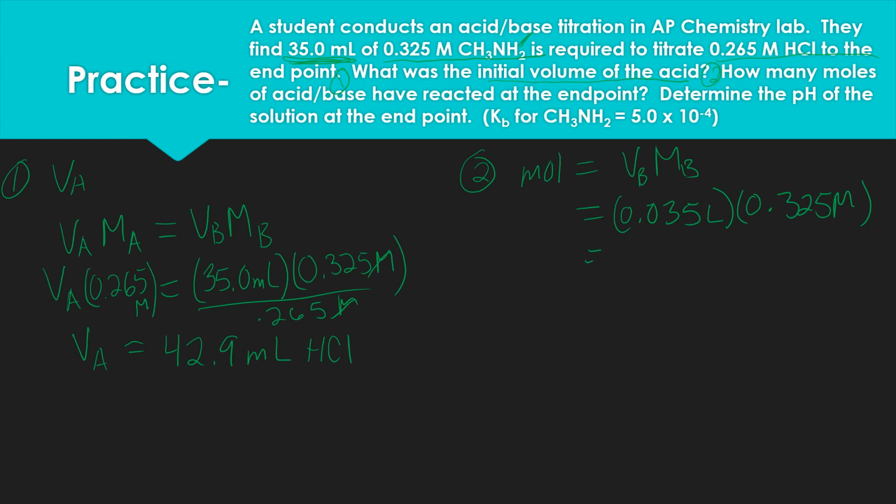So that would give us 0.035 times 0.325, and that would be equal to 0.0114 moles. And that could be moles of our acid or moles of our base, because remember, they're equal to each other at the equivalence point. So how many moles of acid and base have reacted at the endpoint or equivalence point? They should be equal. So that is our number of moles of acid or base.